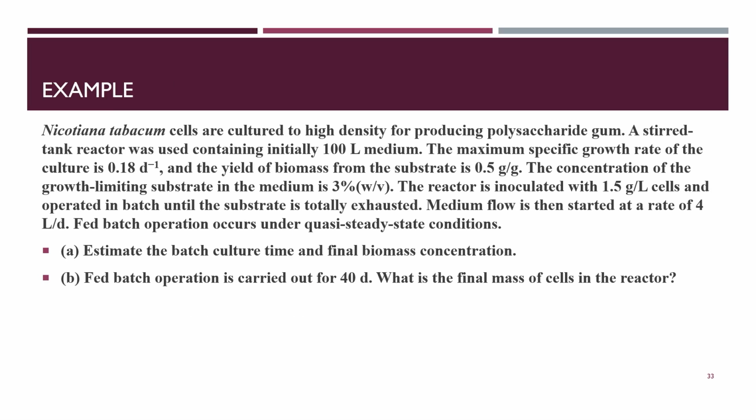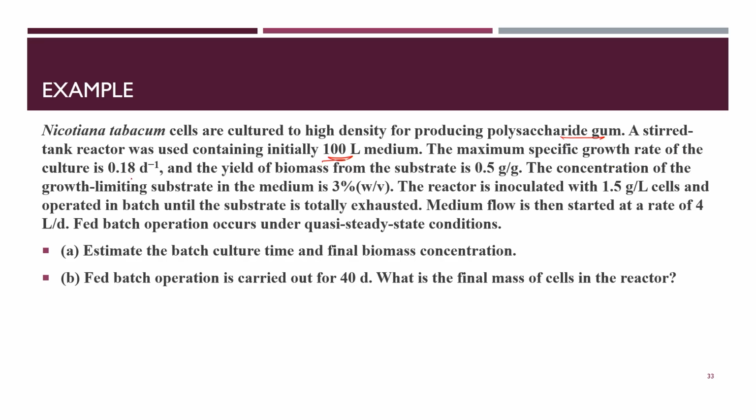Now, we will do one example here. It says Nicotiana tabacum cells are cultured to high density for producing polysaccharide gum. Here a stirred tank reactor was used. The volume of media is 100 liter.